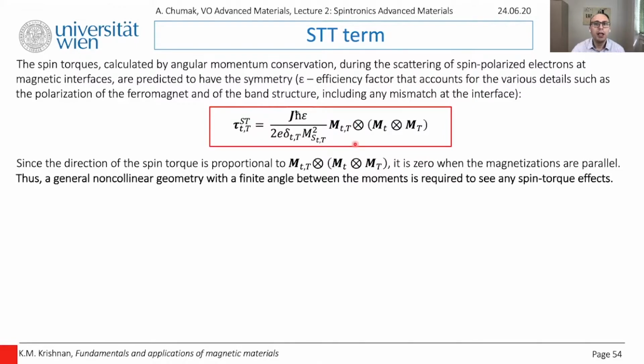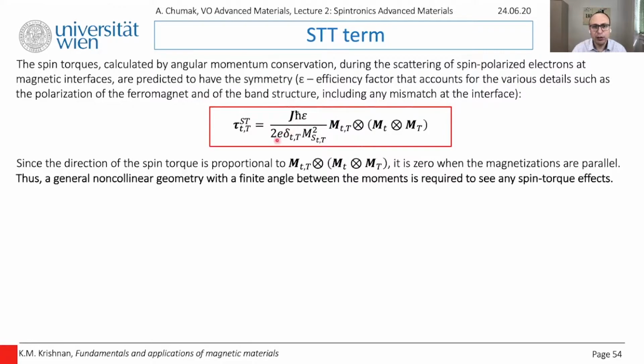And here you see this interesting parameter epsilon, which is just an efficiency factor that accounts for various details such as the polarization of the ferromagnet, the band structure, and any mismatch at the interface. As I said, the interface is always very important in all these experiments, and all this information is sitting in this epsilon.